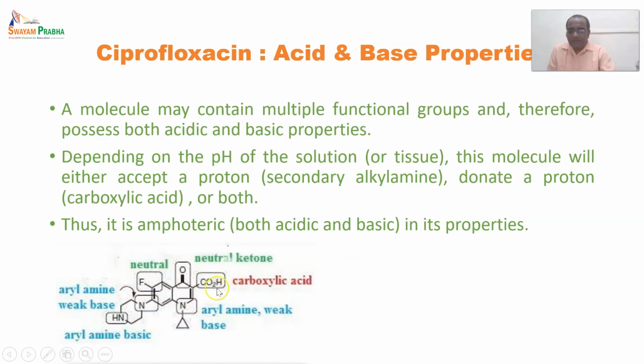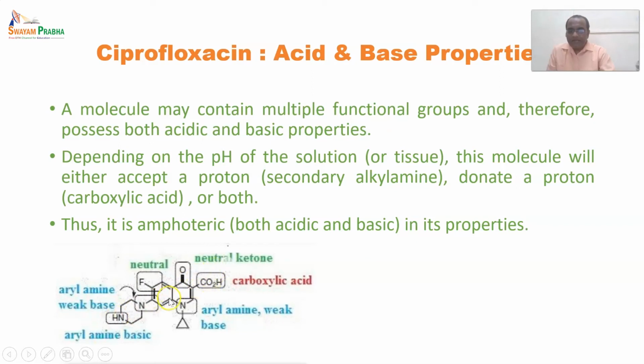But these ionic groups like carboxylic acid or amines are responsible for its ionic character, and for making it soluble in water. So once it gets solubilized in water and enters into a lipid biomembrane, these groups are responsible for binding with DNA gyrase.